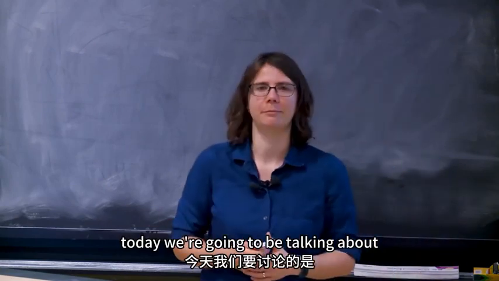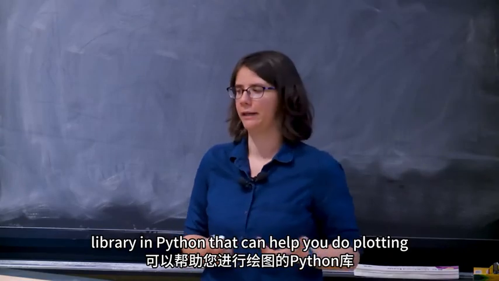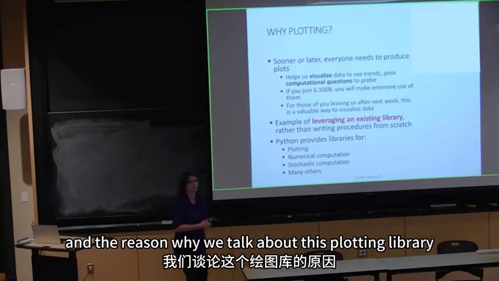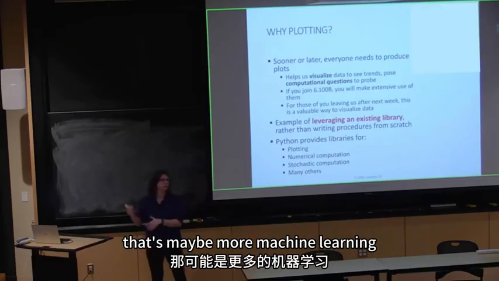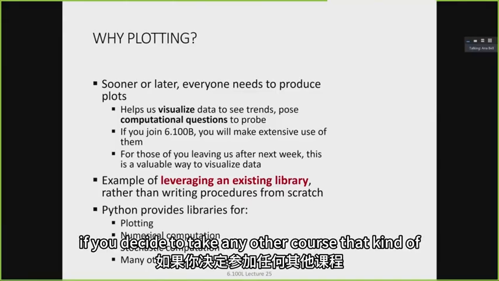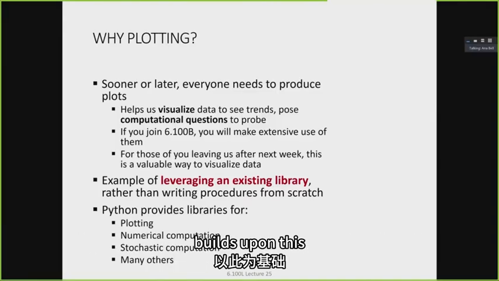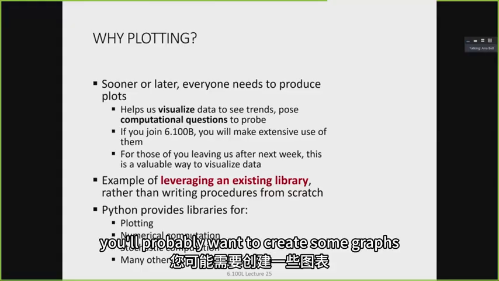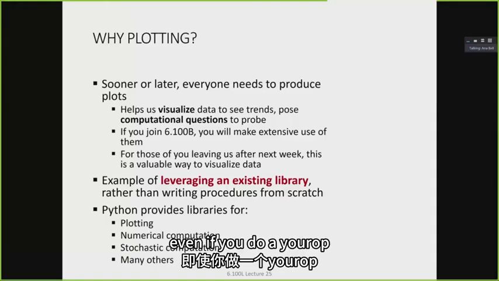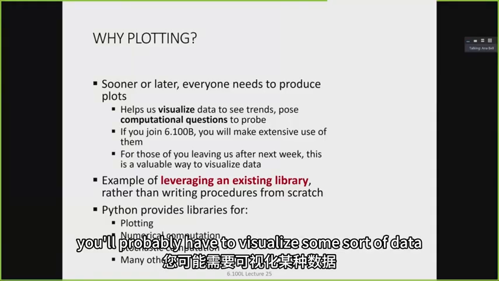Today we're going to be talking about a library in Python that can help you do plotting. The reason we talk about this plotting library, as opposed to something more machine learning-y, is that at one point or another, if you take any other course that builds upon this intro course, you'll probably want to create some graphs or visualize something. Even if you do a UROP, you'll probably have to visualize some sort of data.